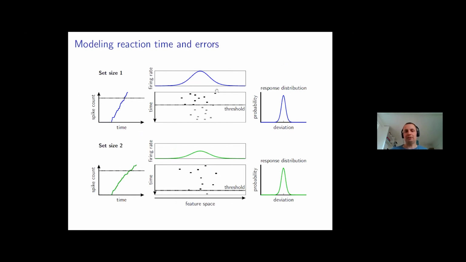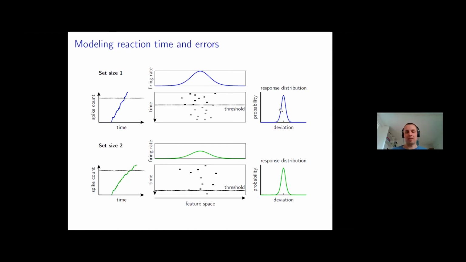Each spike produced in the population, each spike with little boxes here, also provides spatial information. And the idea is that you use these spikes that you have seen until the threshold was reached to decode the location where the item was.